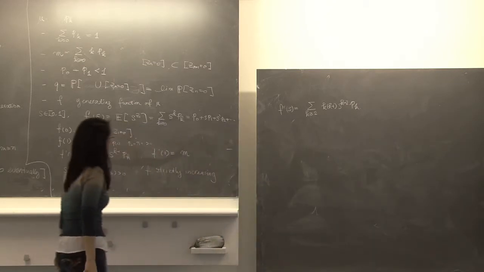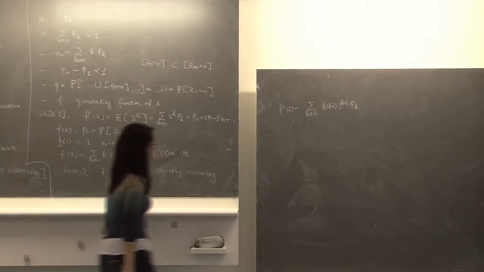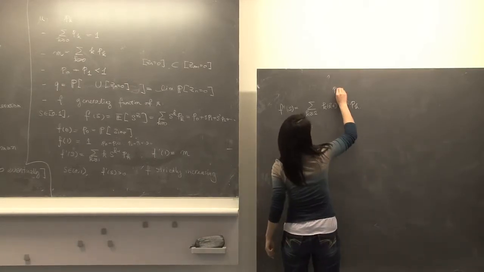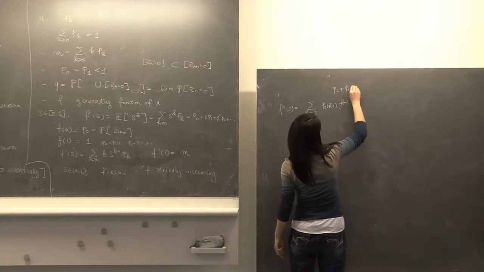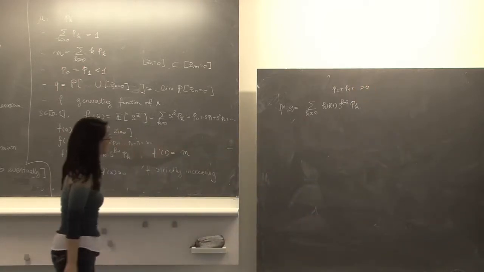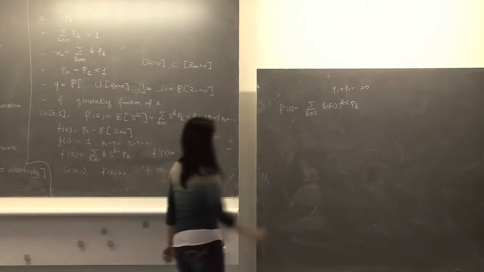Okay, this is the second derivative. And here we see that since p2 plus p3 is strictly positive, we can also see that the second derivative is strictly positive.